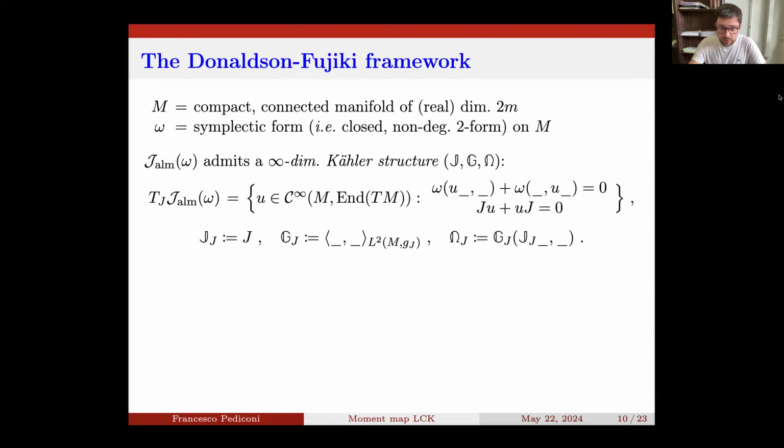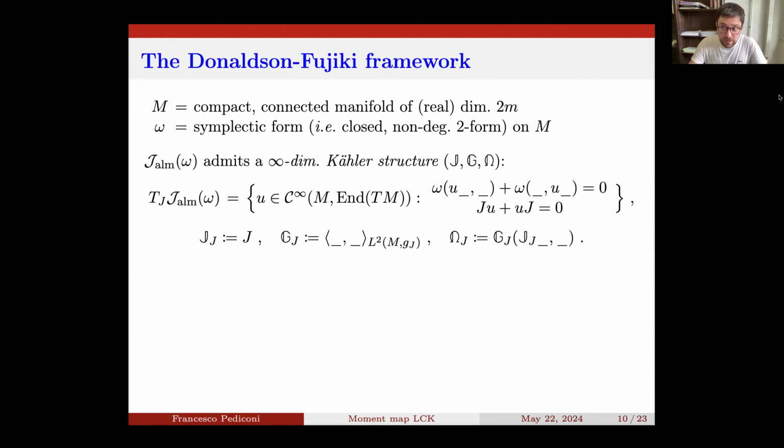Okay. Well, you can construct a triple, bold G, bold J, bold omega, in this way. So the complex structure at a point J is tautological. It is just the multiplication on the left by J itself. Okay, this turns out to be a complex structure.